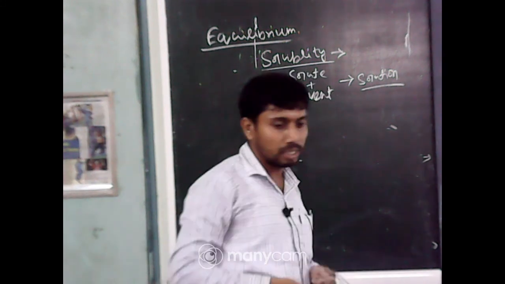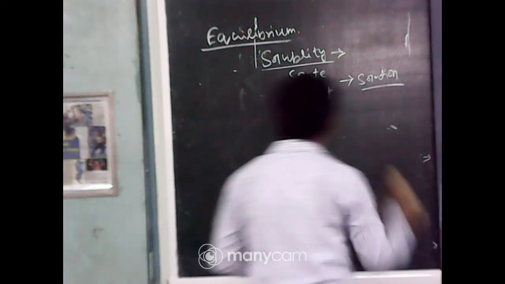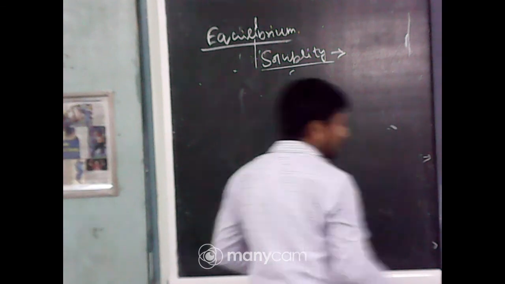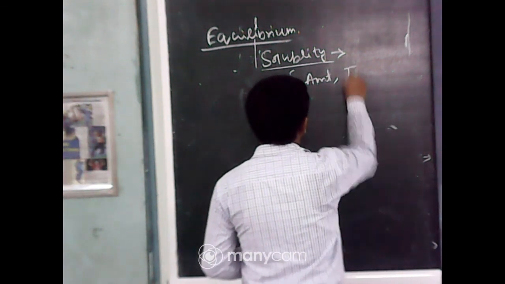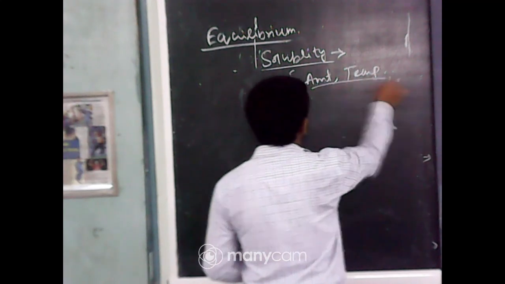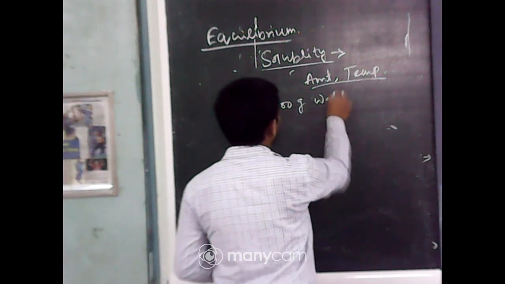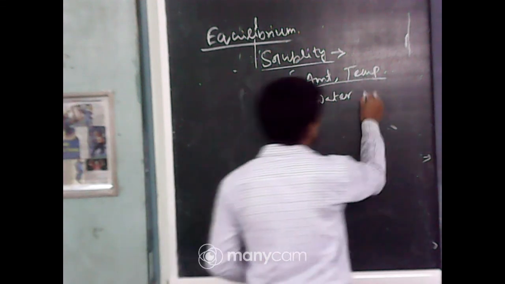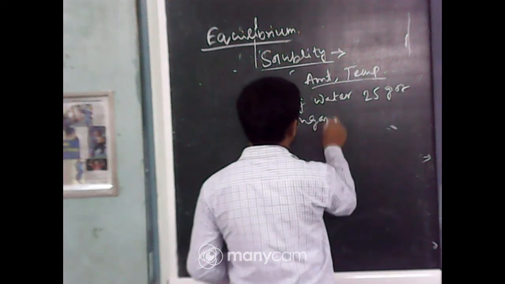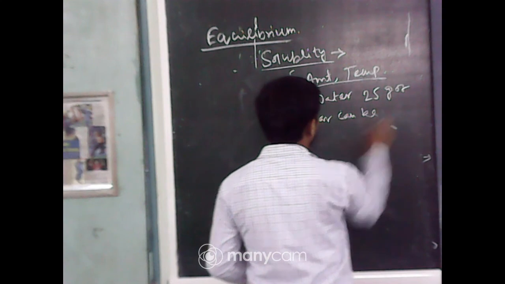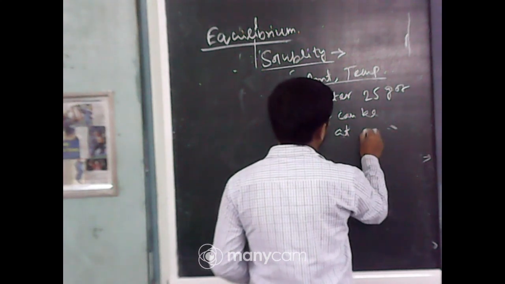Now, for solubility there are some specific points we have to remember. First of all, the amount and temperature are very important. Suppose in 100 gram of water, 25 gram of sugar can be dissolved at 10 degree centigrade.